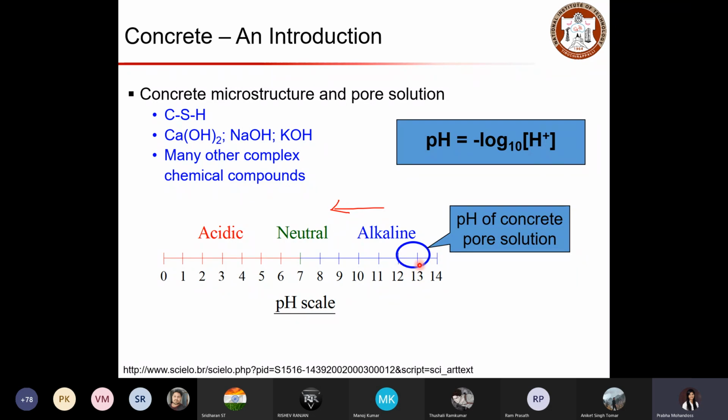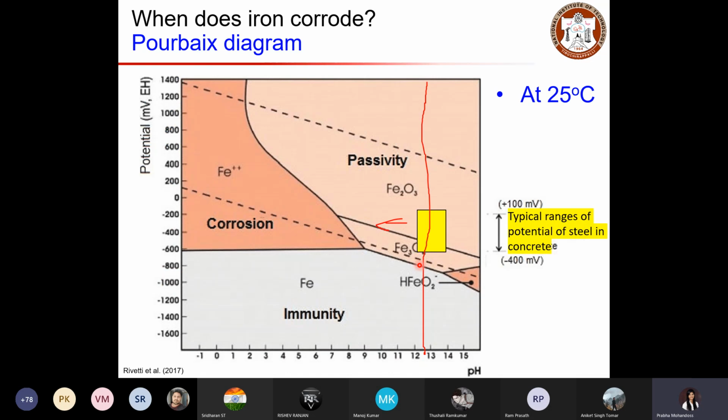And in general, when we have reinforced concrete, where we have steel embedded in concrete, this pH value of concrete helps your steel to be protected from corrosion. So here you can see a Pourbaix diagram. Basically this gives you the range at which your steel will start to corrode.